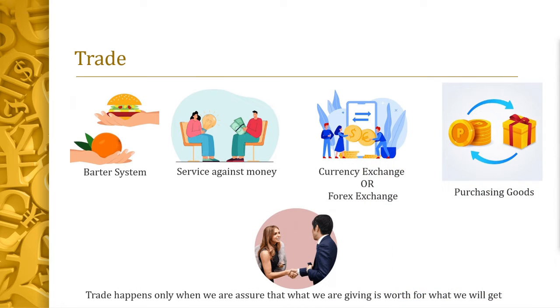So the first term is trade. What is trade? Well, trade can happen only when two parties agree to exchange something in place of another thing. It could be a barter system where I am exchanging one object with another object, or it could be my job, where we provide our services to our company or to an individual, and that individual or company gives me money against it.